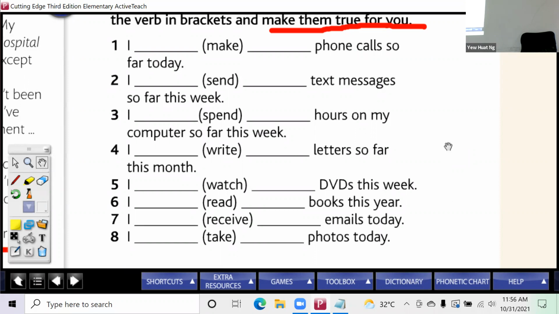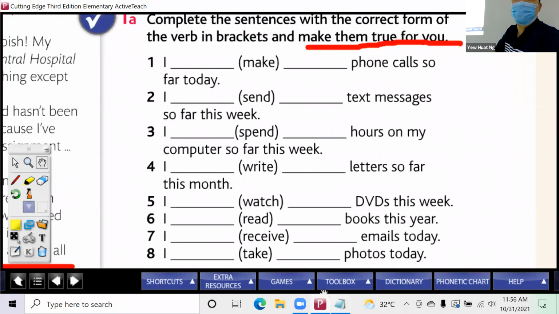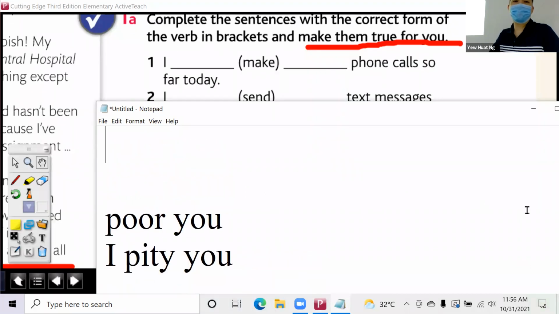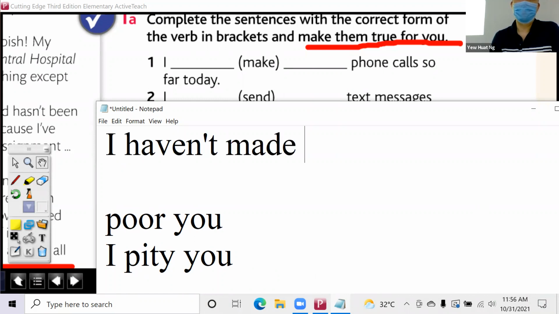Okay, so of course I see that most of you just did the grammar. But I was hoping you say like I have made 0. I haven't made, like actually, the first one, right? The correct one will be I haven't made any phone calls so far today.